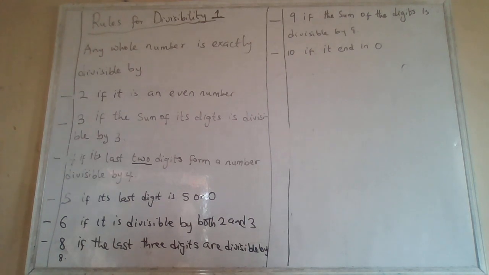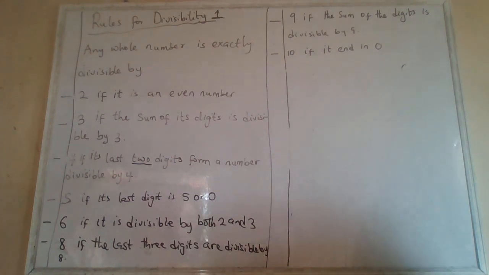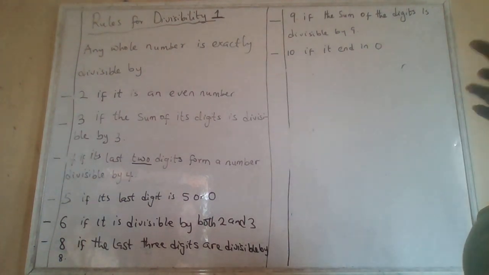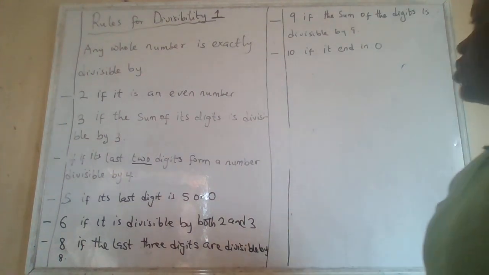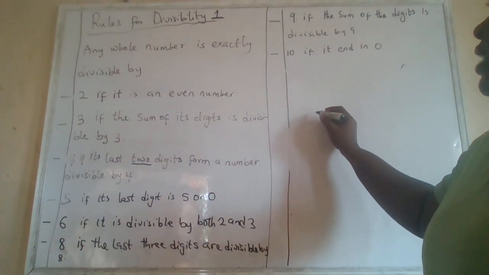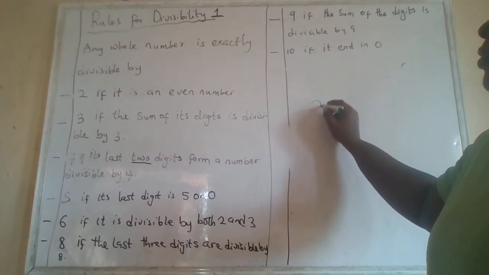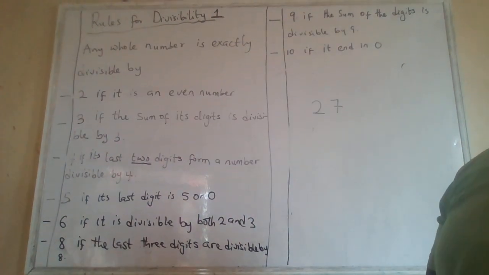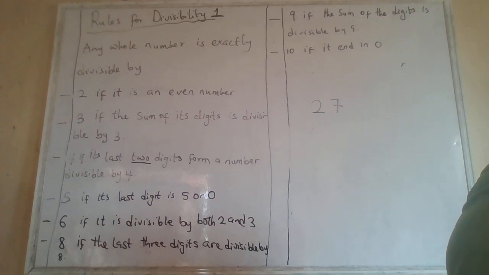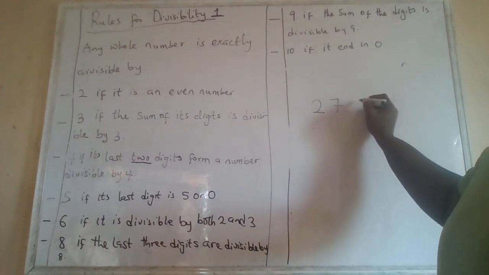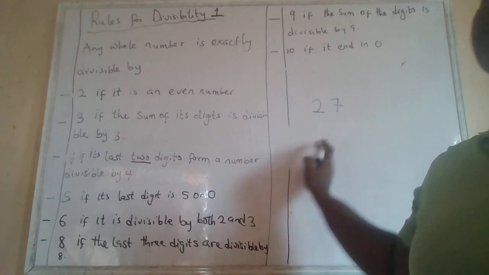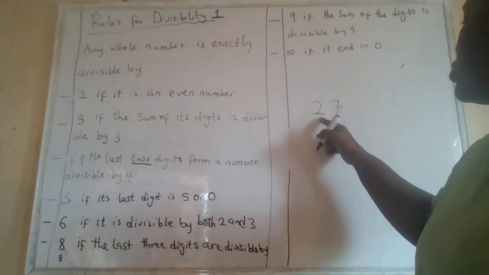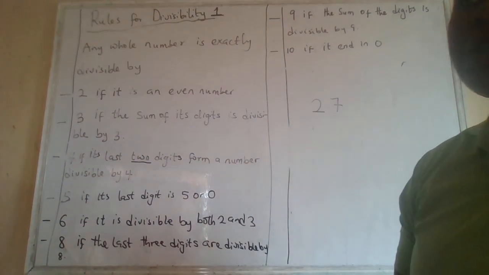Nine. A number is said to be divisible by 9 if the sum of the digits is divisible by 9. So if I am to give a number that is divisible by 9, let's say 27. This 27 is said to be divisible by 9 if when I add 2 and 7, I have a number divisible by 9.